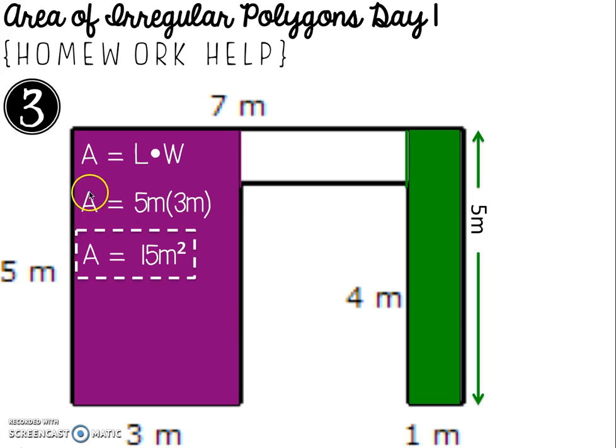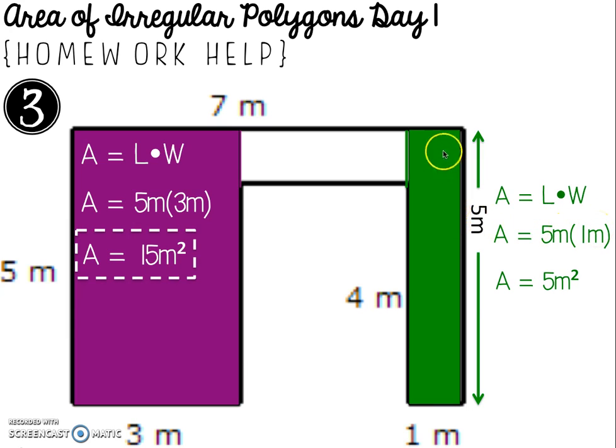If this is 5, then this is 5. So our area formula for a rectangle is length times width. We're going to fill in our 5 for our length and 1 for our width. So the area of this little skinny rectangle off to the side is 5 meters squared.